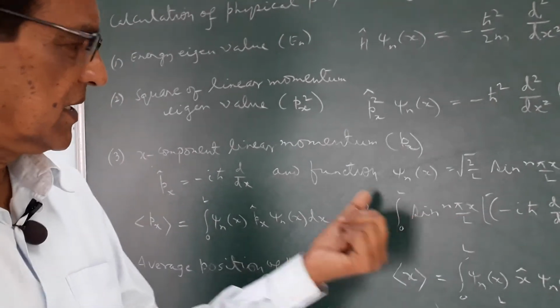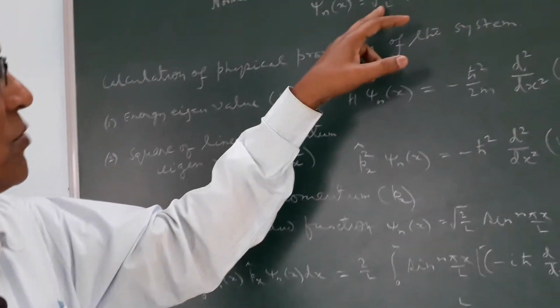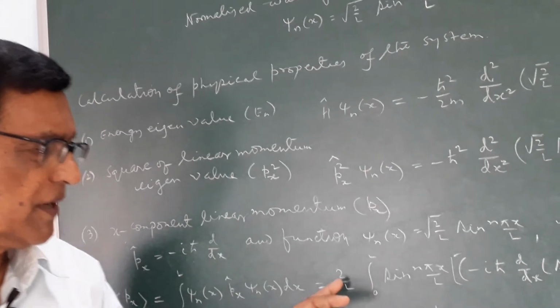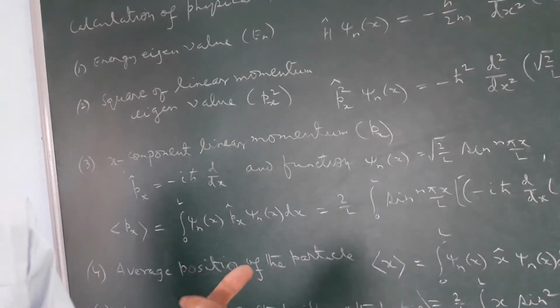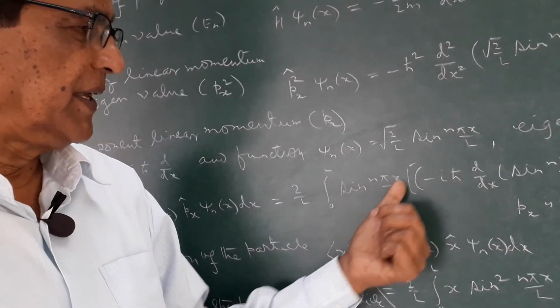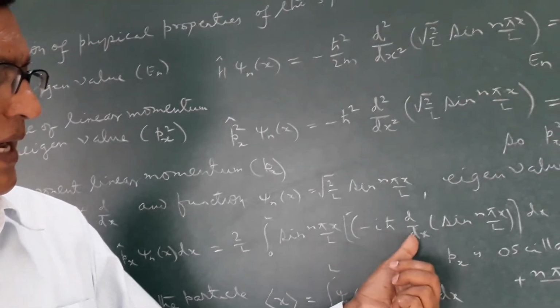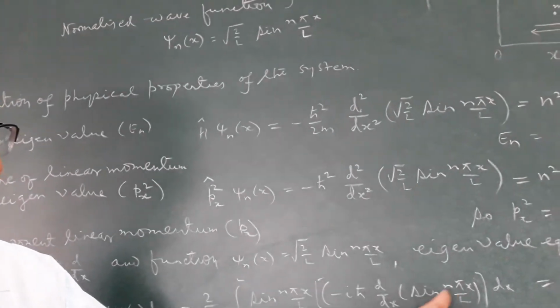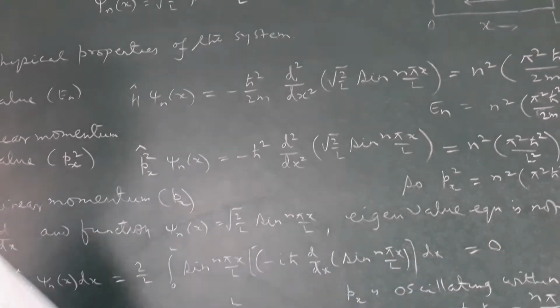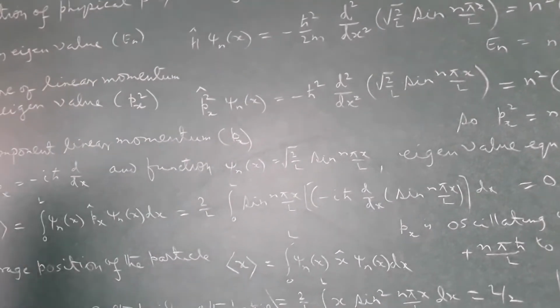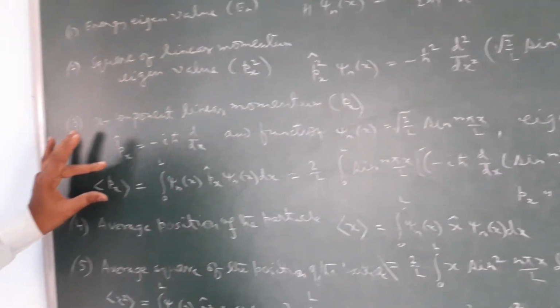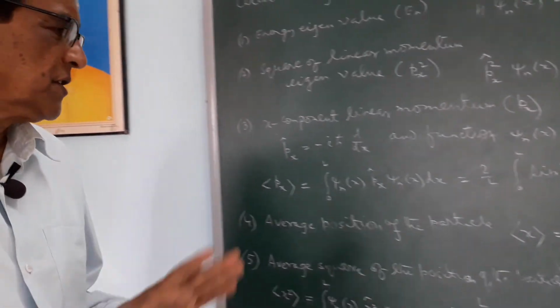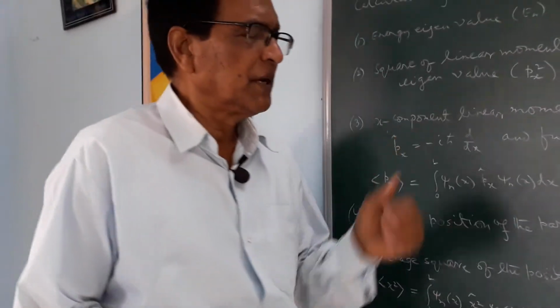This is the function, with the square root of 2 by L coming outside the integration, and sin(n pi x by L), and this is the operator, and this is again the function, dx, equal to 0. That means the average value, or expectation value, of this x component of momentum equals 0.